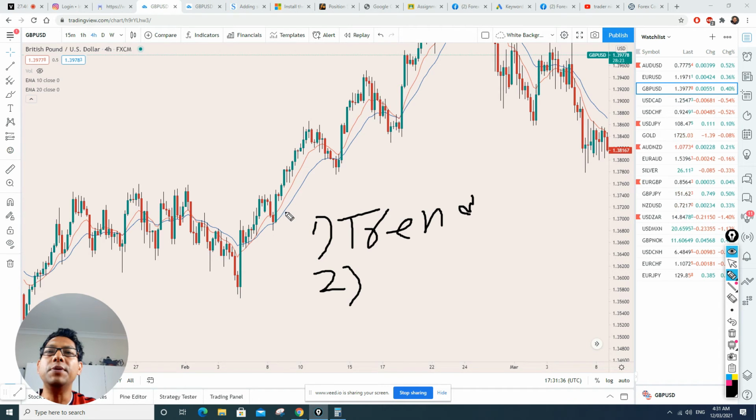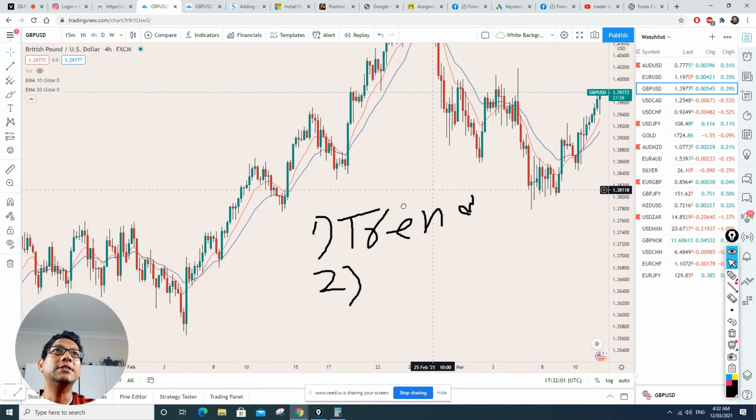See, this is the 20 period moving average, blue. Red is the 10 period moving average. So how do you know that the trend is up or down? By this moving average. When the red is above the blue, the market is in uptrend. Remember, when the red is below the blue, the market is in downtrend.